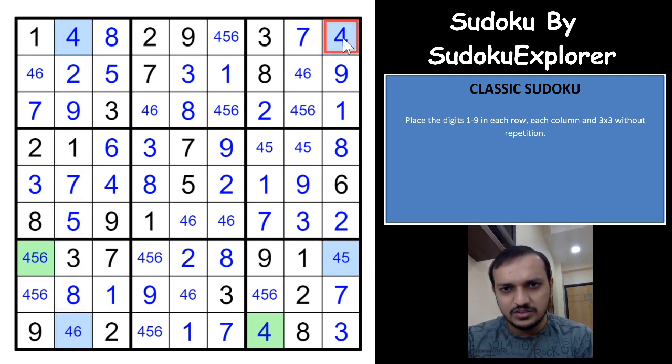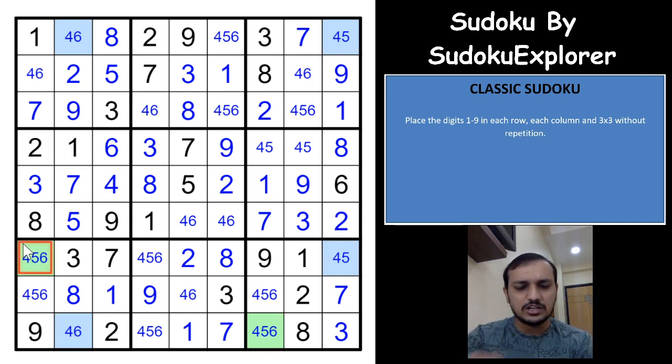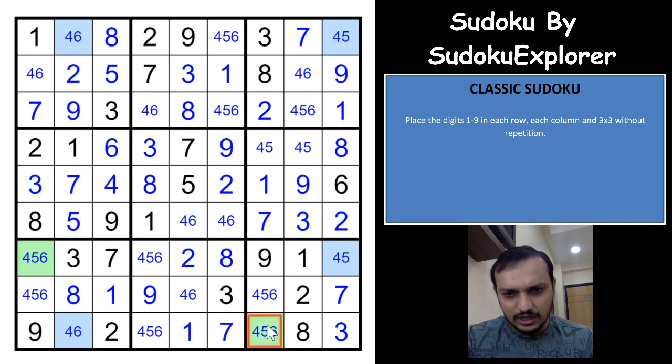So both of these cells would have to be 4, not possible, right? So very good technique. This is called a skyscraper technique, right? So whenever you have candidates in the same row and for the second candidate in different rows, then this kind of logic is applicable, right? So you can eliminate 4 from this cell and this cell, right? That's nice.